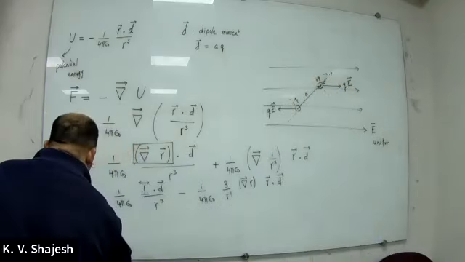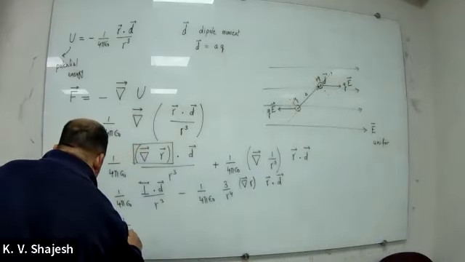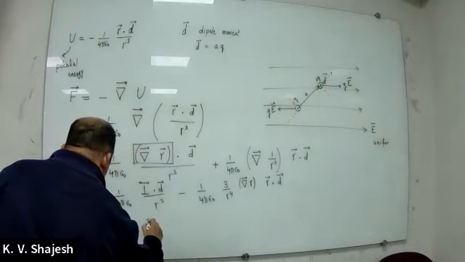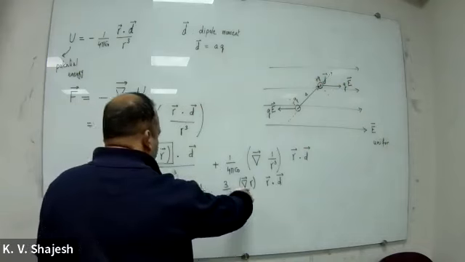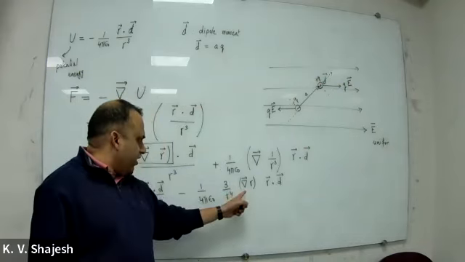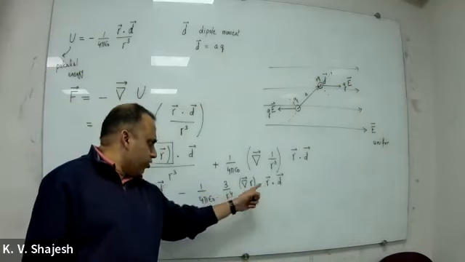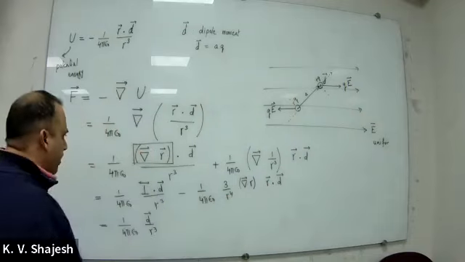So this is nothing but 1 over 4 pi epsilon naught, vector D over R cubed. This is R hat. Use one of the R hat; this is also R over R. Now I convert it into R hat.